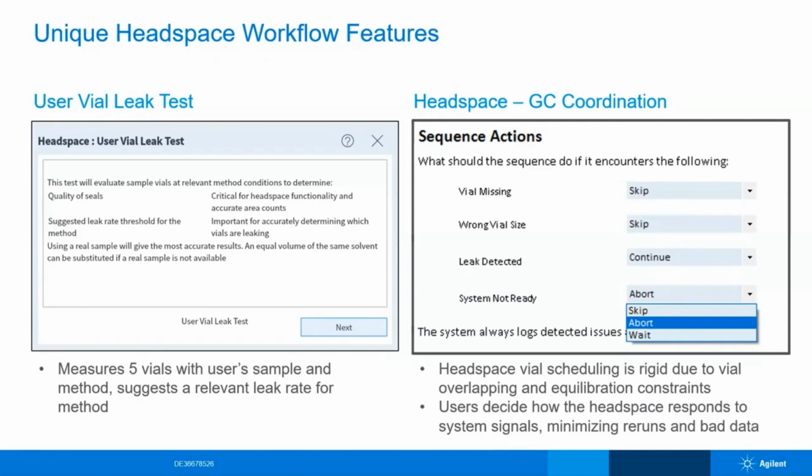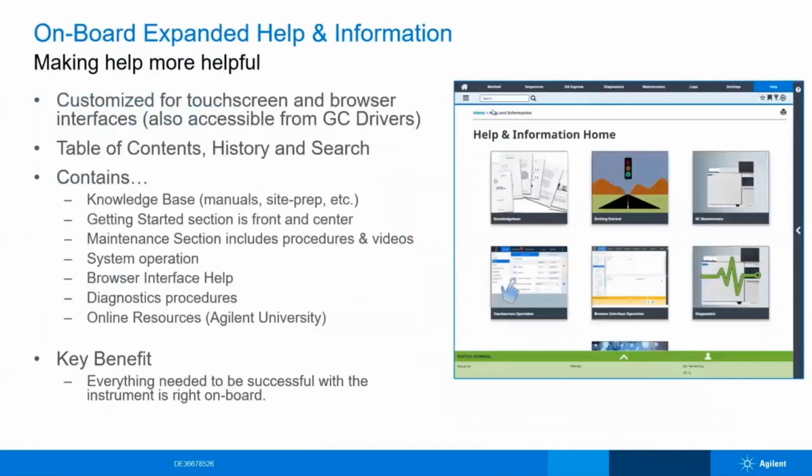So for instance, having a vial missing can have a different reaction than maybe a vial size or a leak detection. All of these give you more options and let you cater the system and the method to your particular operations, without just having an ambiguous error message that you need to then go and troubleshoot.